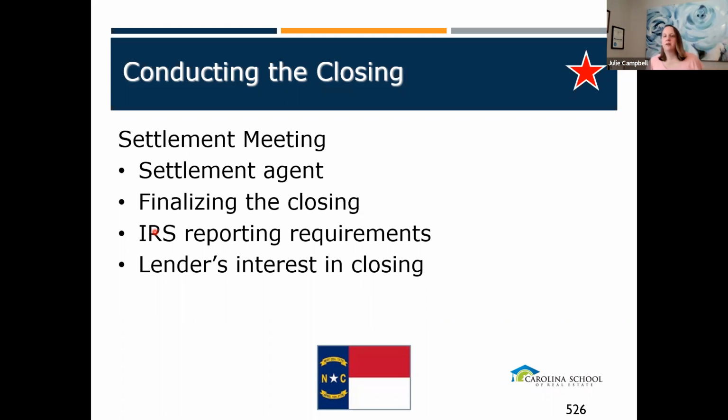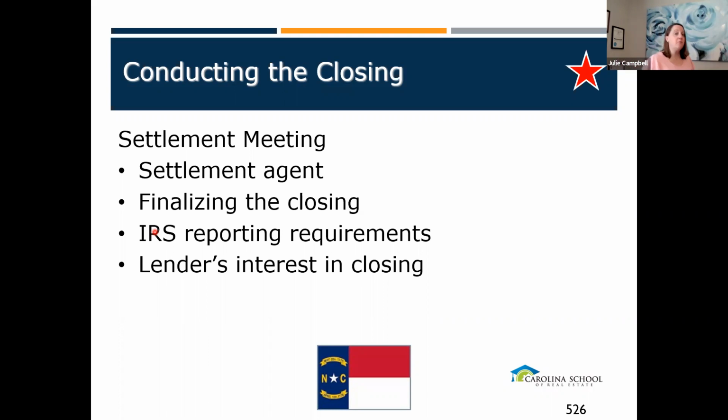So why are the different closing methods important? I've recently learned that North Carolina is a settlement meeting state, and we are one of few. I think there's only about 6 or 7 states that do a settlement meeting, which means the majority do the escrow, which means you very well may have a buyer moving here from another state that is used to the escrow closing method.